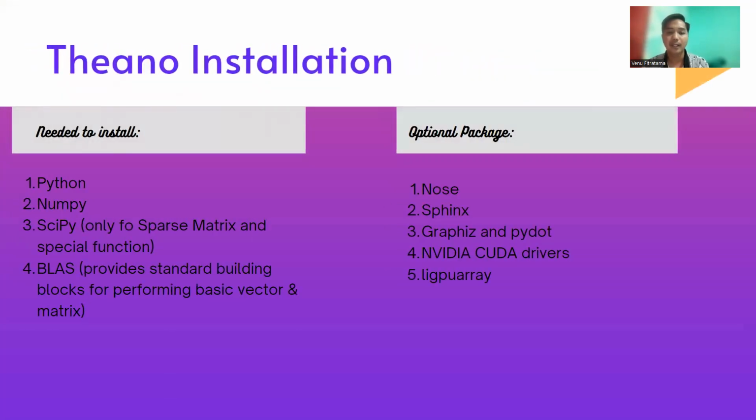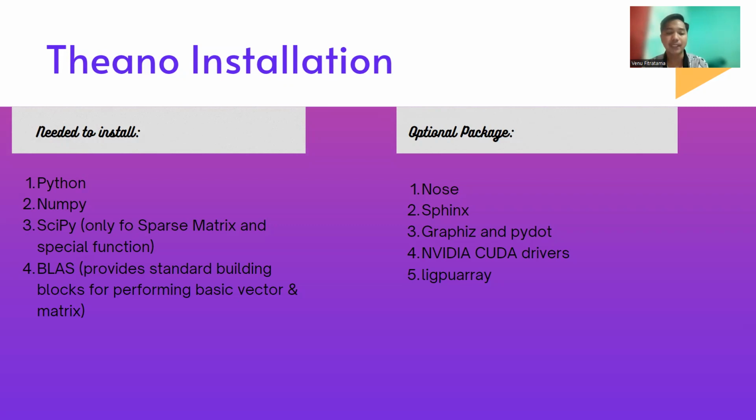The next one is Theano installation. Before we can install Theano, we must install other libraries, namely Python, NumPy, SciPy, required only for sparse matrix and special functions. And the last one is BLAS, which provides standard building blocks for performing basic vector and matrix operations.